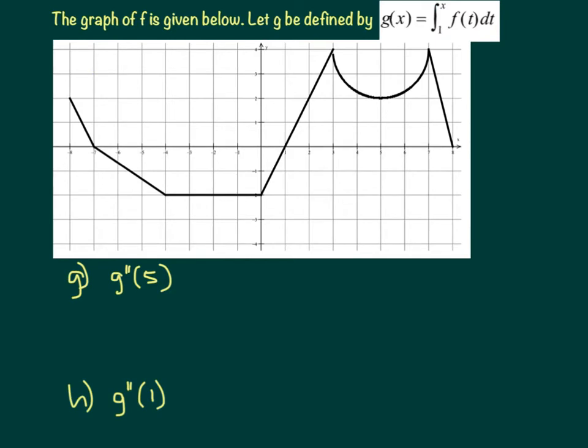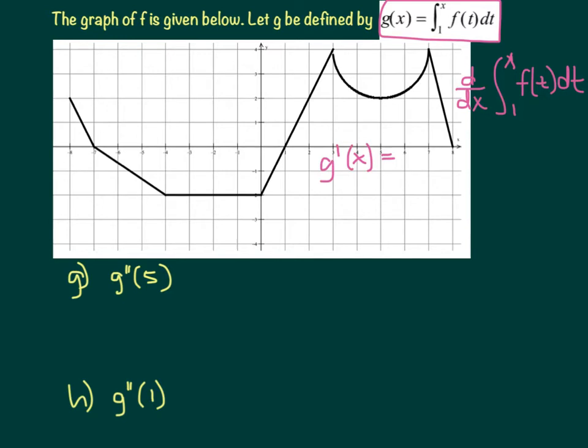Okay, g and h here are asking us to take the second derivative of g. So that means we have to take the derivative and then take its derivative. All right, so let's again go back to the function that we're starting with right here. If I start with g prime of x, which we just talked about, that's asking us to do d dx of the integral from 1 to x of f of t dt, which is what the second fundamental theorem talked about.